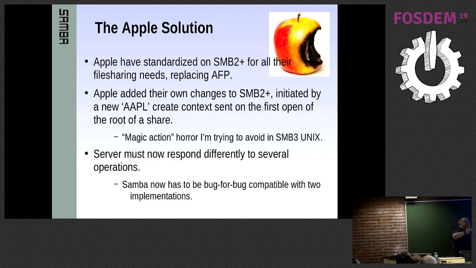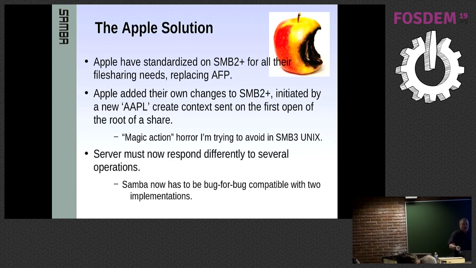And when you send that special magic open with a create context, I'll get into what create contexts are in a minute, of AAPL, then the server knows I'm a Mac client, and therefore I will behave differently and do different things. Now that's basically the same kind of magic action horror. Send an info level that has no meaning other than to change the behavior of the server long term. And I'm trying to avoid that in SMB3 Unix extensions.